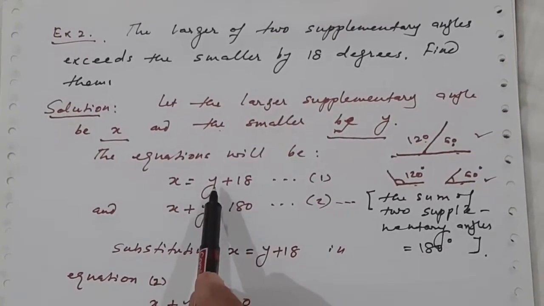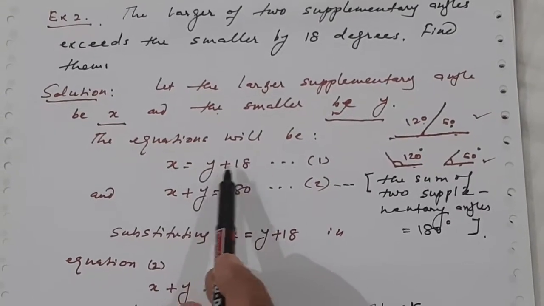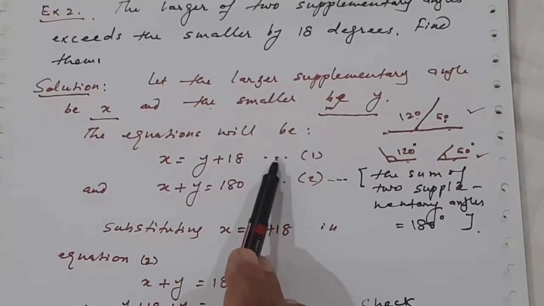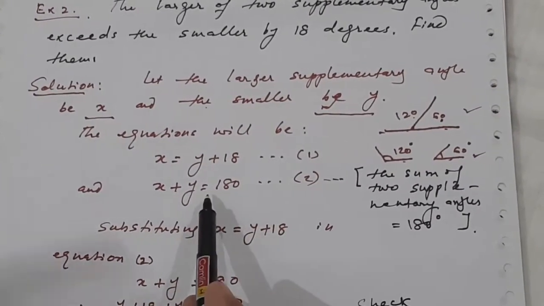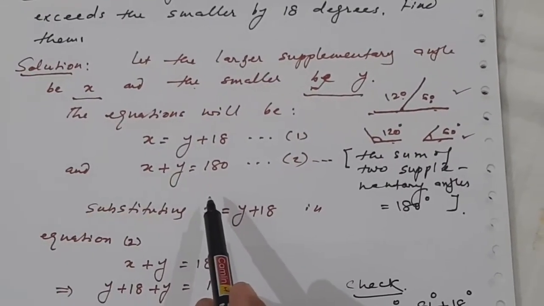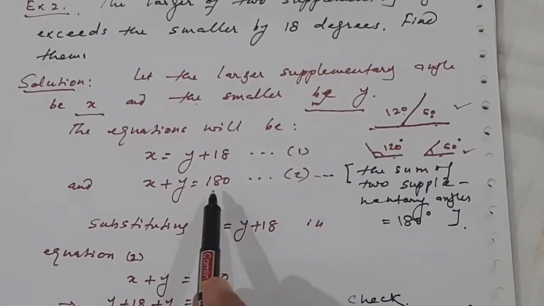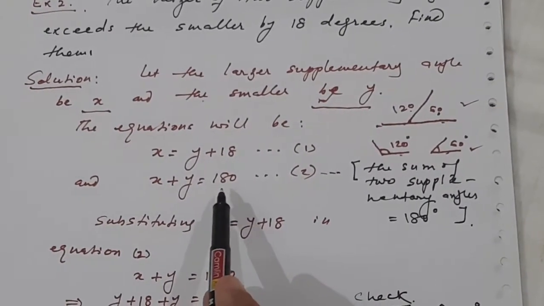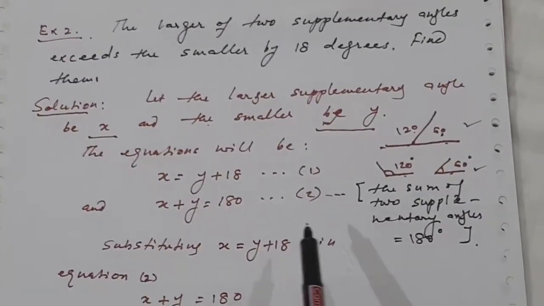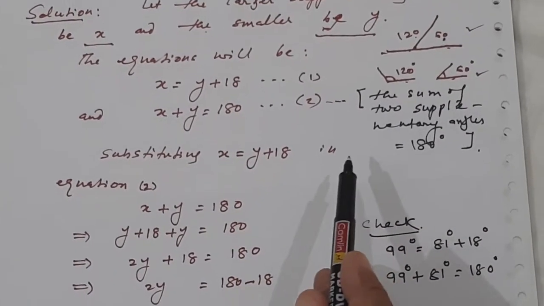So x is bigger than the smaller by 18, so x will be equal to y plus 18. This is your equation number 1. The second condition is not given, but we have to understand supplementary angles: the sum is 180 degrees. We have to take this from the property. If it were complementary angles, the sum of two complementary angles is 90 degrees. Remember this property you have learned.